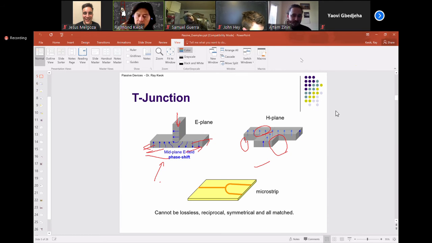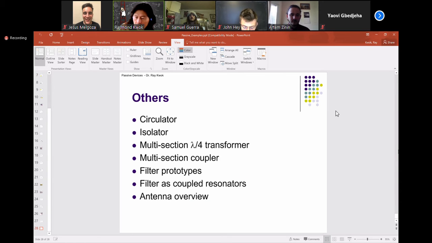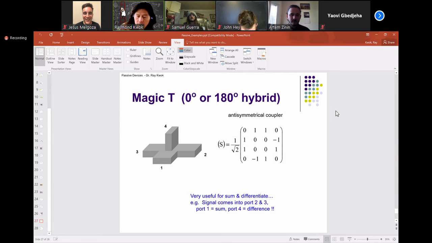Right? It's because of this. In the E plane, these two automatically get a 180-degree phase shift. In the H plane, they are the same phase shift. Now you put both together, one on top of each other, and that's the property we get. And so the nice thing about this is you now get the same matrix as the rat race.